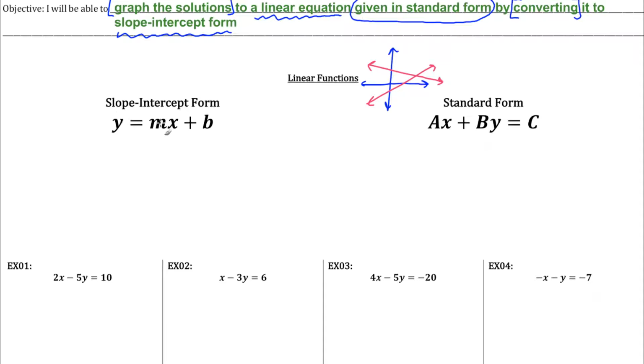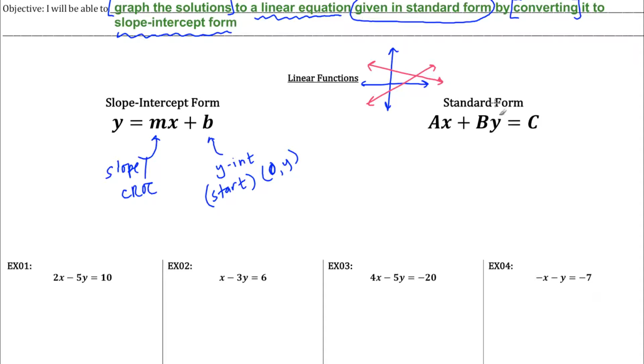This is the slope-intercept form because m is our slope, which is our constant rate of change, and b is our y-intercept, which is where we start. And it's always (0, something), right?